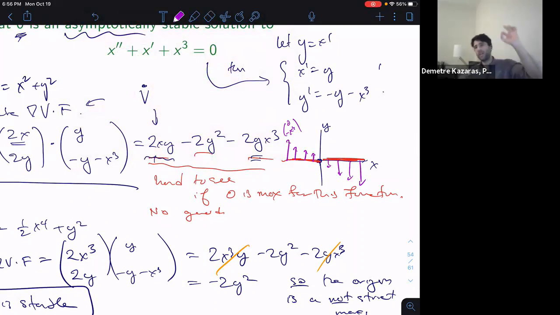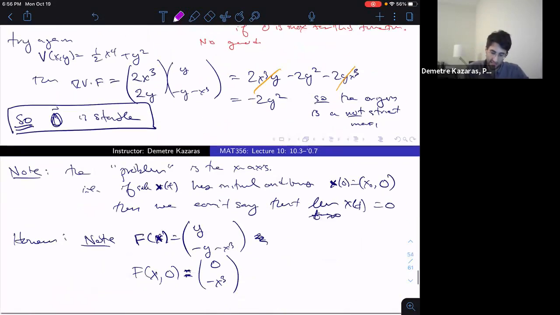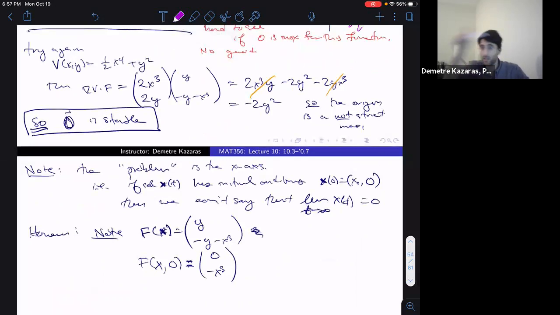So we were worried that maybe if you have initial conditions on the x-axis, you might not be attracted to the origin. But we notice what actually happens is that if you start on the x-axis, you immediately get pushed off of it. And then what we said before should tell us that that solution will get attracted to the origin.